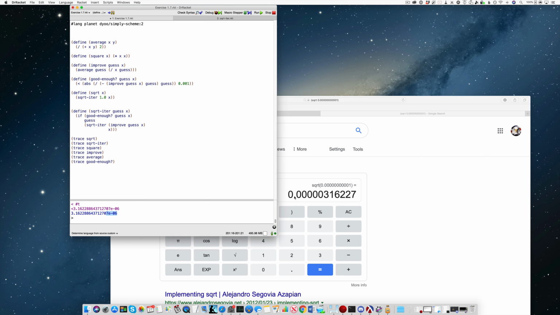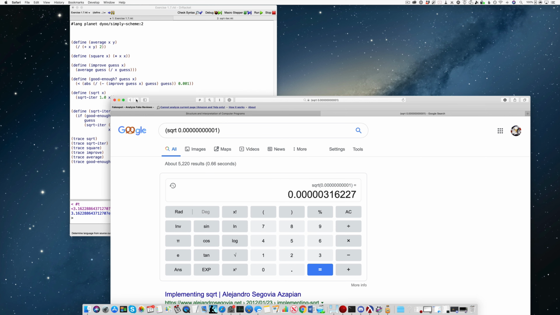So that's the right place. And then you see it's 3, 1, 6, 2, 2, and this is 7, and this is 8. So it's not super exact, but it's way closer than what it was before.